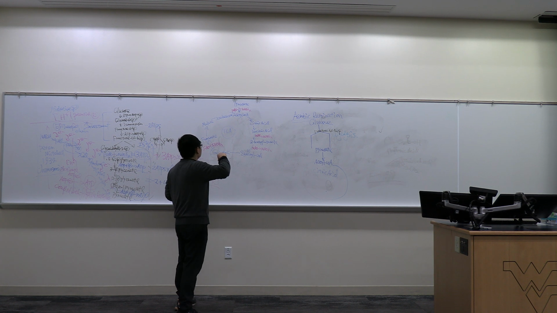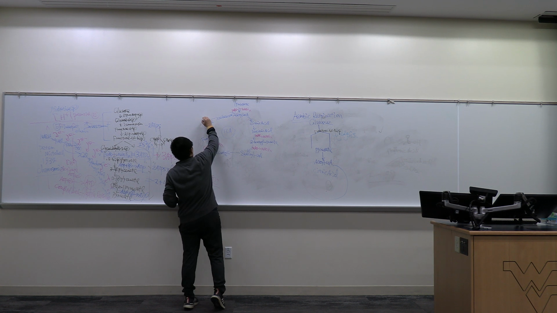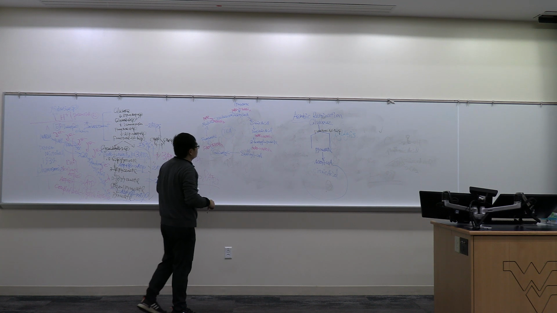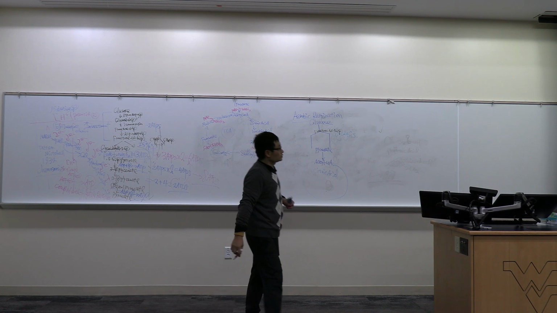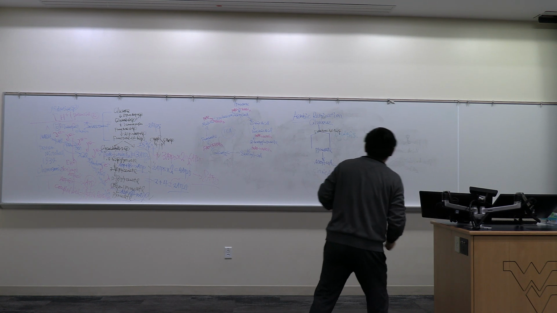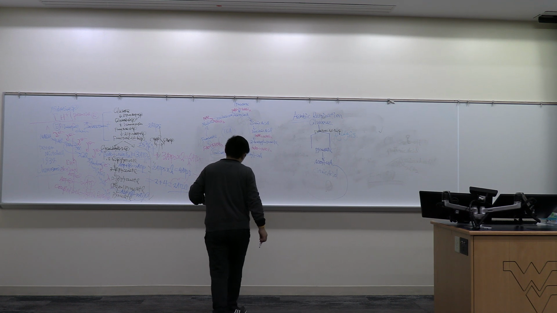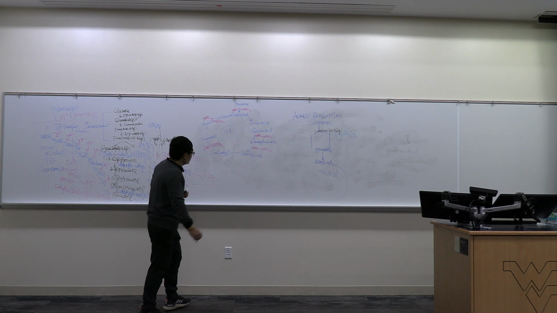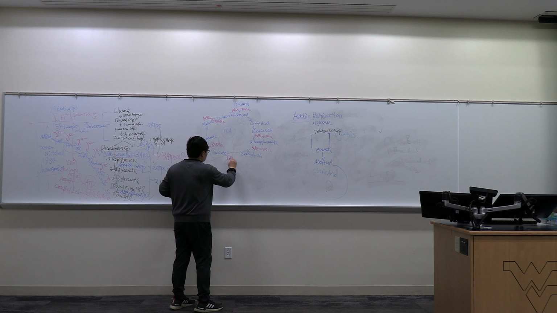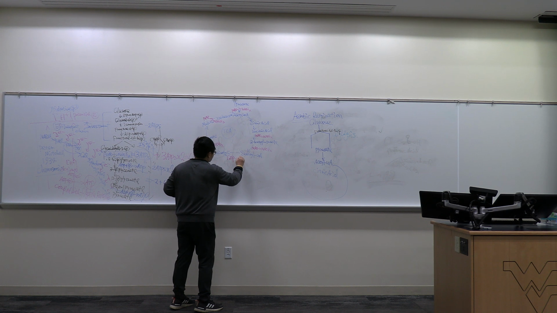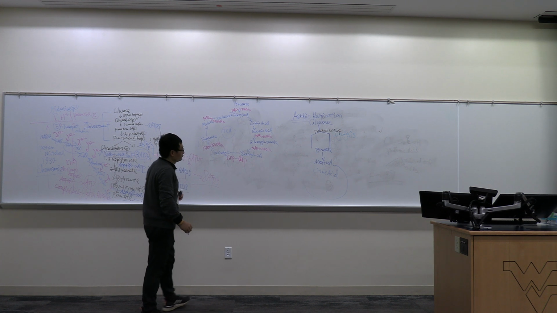The last one, malate to oxaloacetate, also has NAD reduced to NADH2. Yes, that's correct. What are we missing? Right at the bottom, GDP becomes GTP, guanine triphosphate.